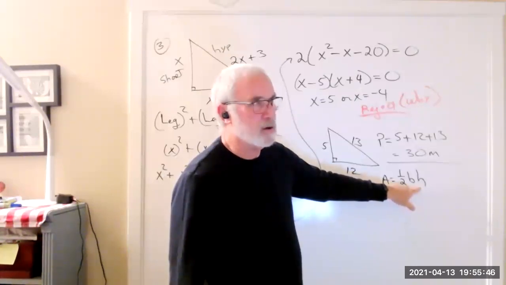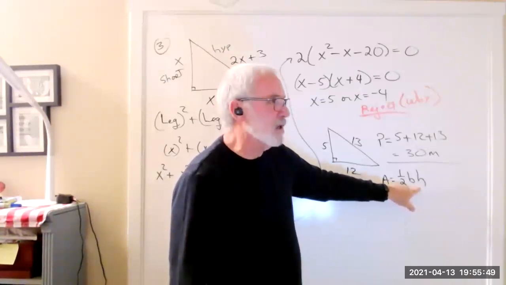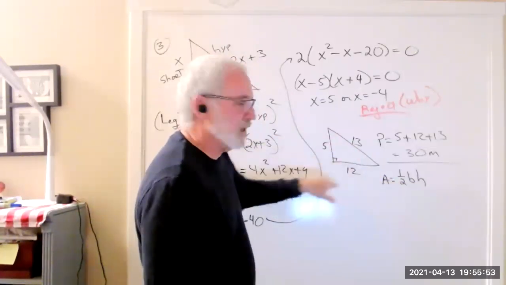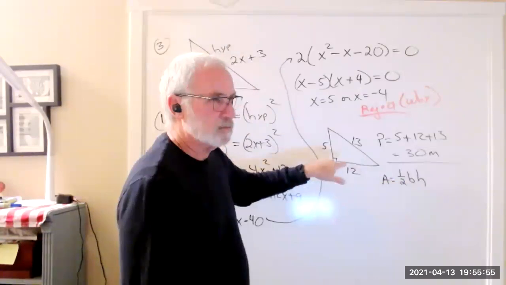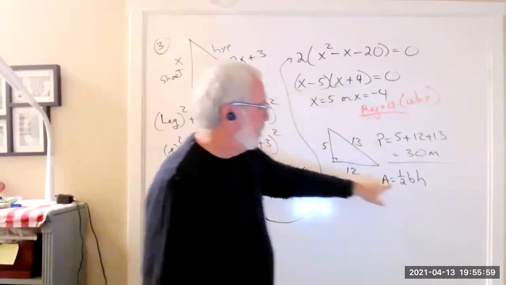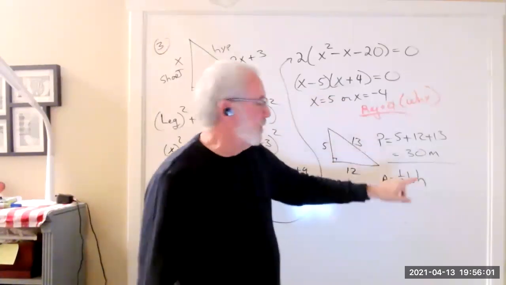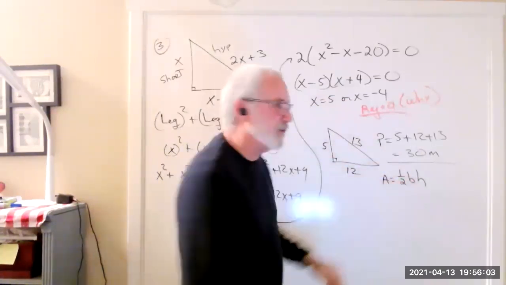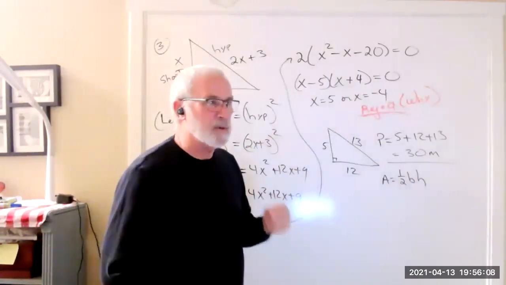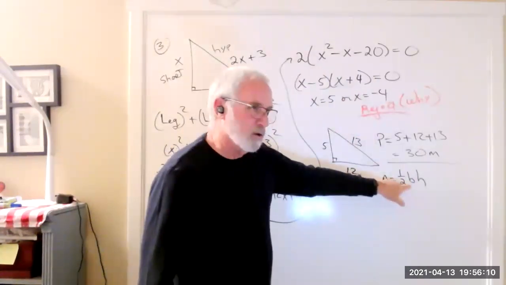Well, who's the base and who's the height? 12 is the base, 5 is the height, right? Yeah. Okay. So what I was getting at was when we say base and height, we mean that the base and the height are always perpendicular to each other.